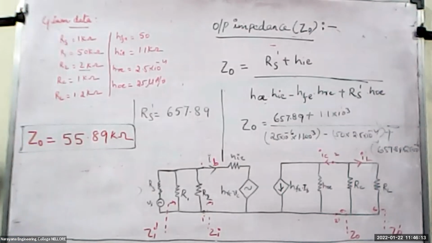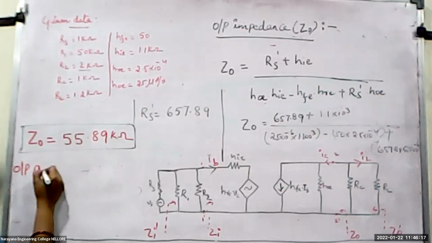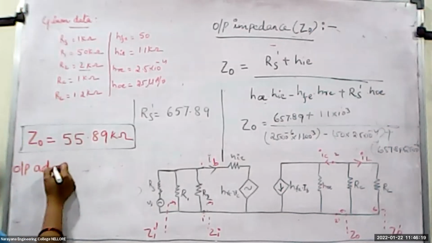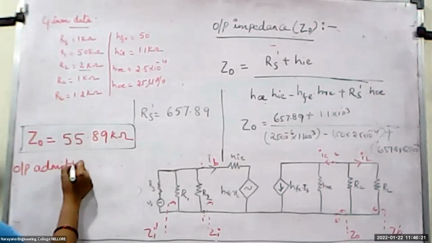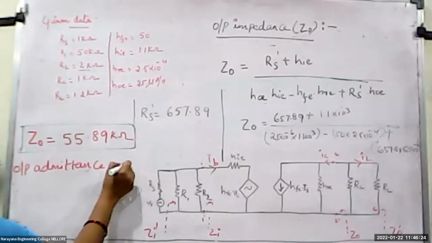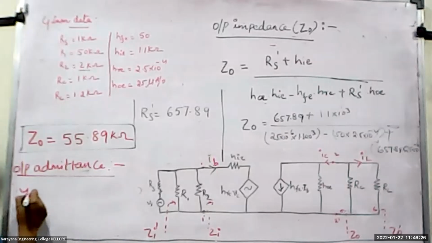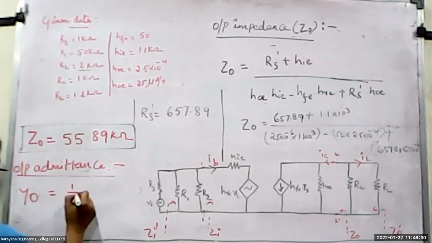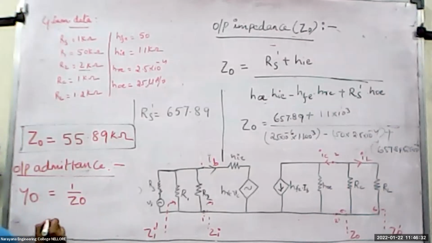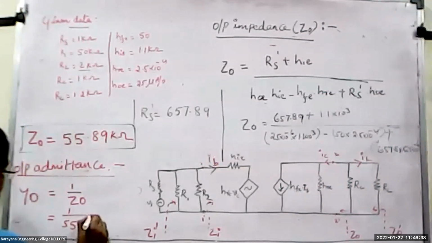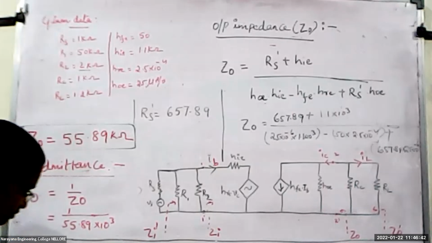Now calculate the next parameter, that is output admittance. What is output admittance? Y naught, you know. Output admittance is Y naught, that is 1 by Z naught. So substitute the Z naught value as 55.89 into 10 to the power of 3.